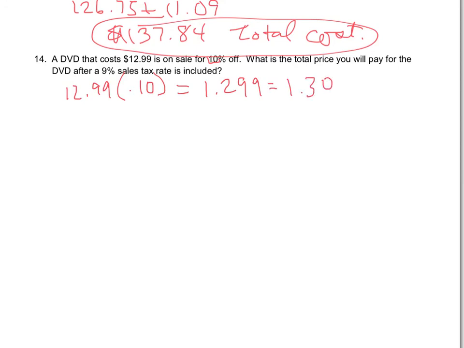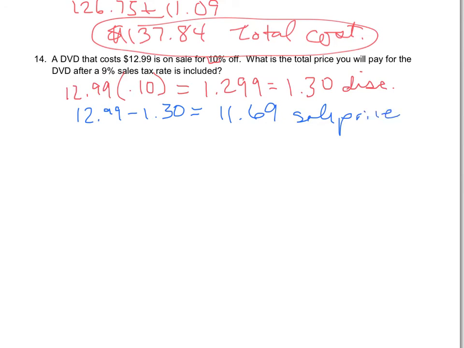Okay, so that's our discount. Okay, so in order to find the sales price now, I go ahead and I do my $12.99 minus my 1.30. Okay, once I get that, I find my sales price, which is $11.69. That's my sale price.